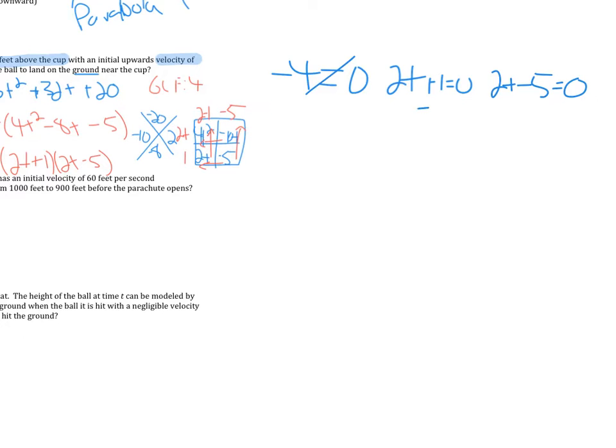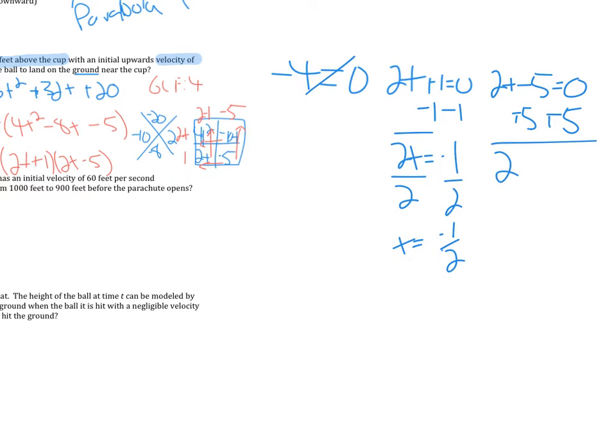Here we're going to solve, so I'm going to subtract 1. And you get 2t equals -1. Divide by 2. And t equals -1/2. Over here we're going to add 5. And we get 2t equals 5. Divide by 2.